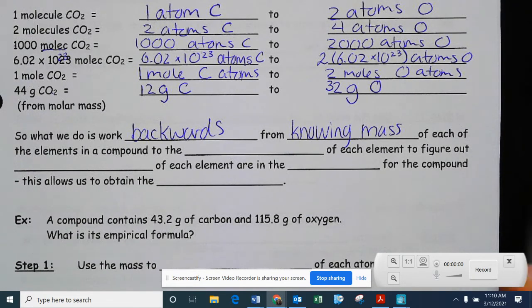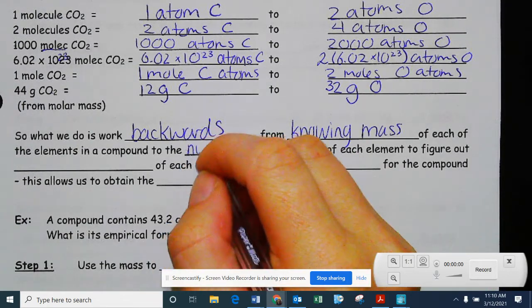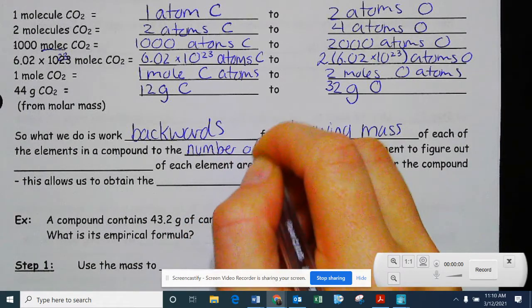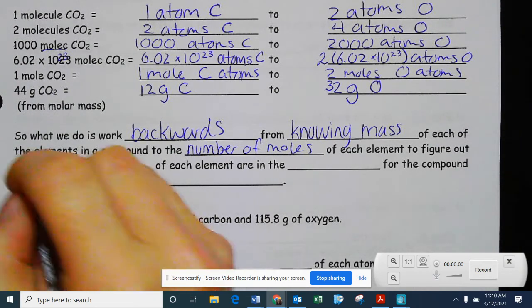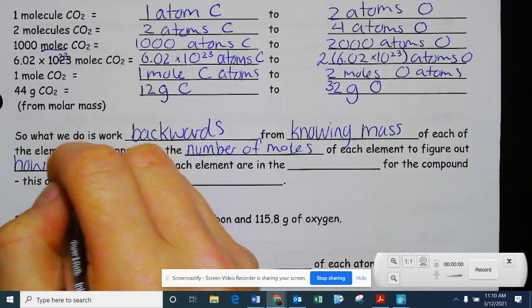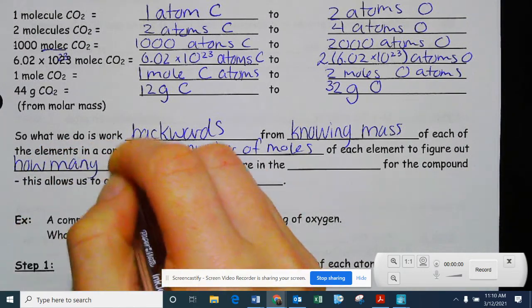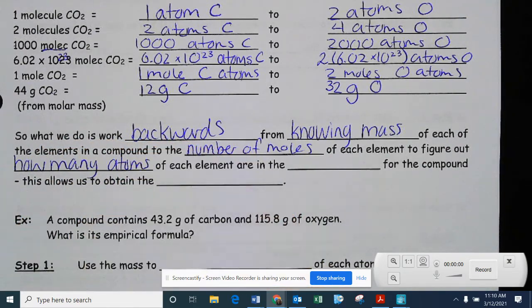We can work backwards to the number of moles of each element, and then we can figure out how many atoms of each element are in the formula for the compound.